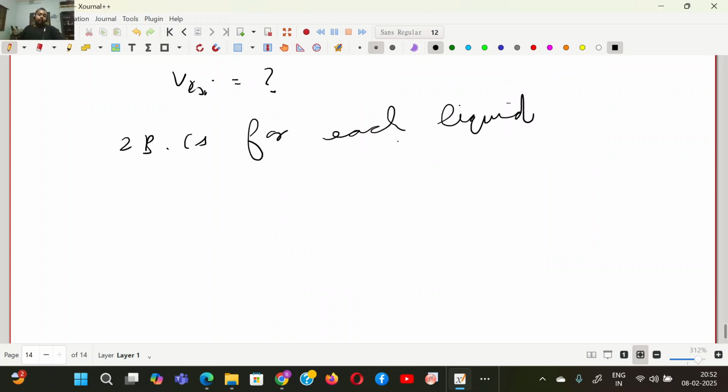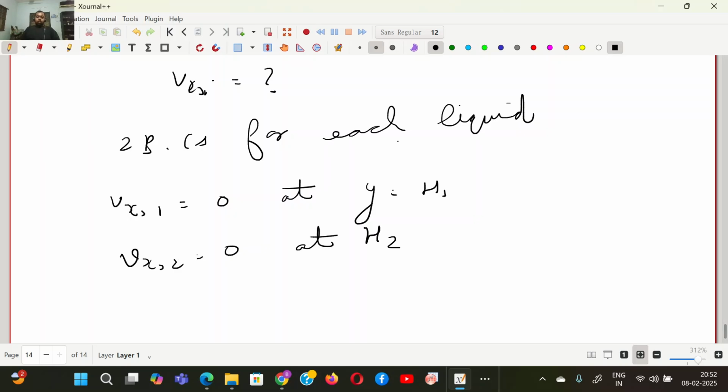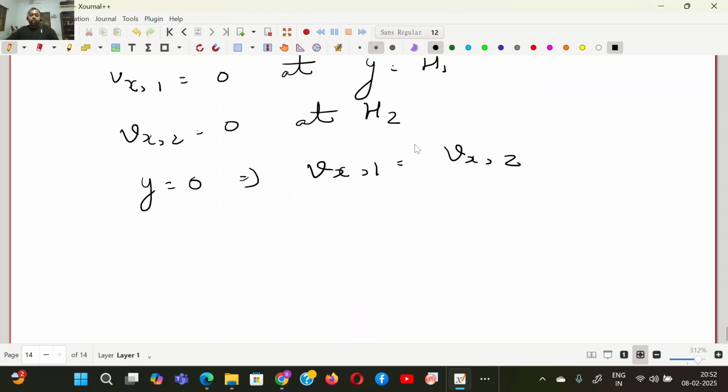That is, Vx1 is equal to 0 at h1, Vx2 is equal to 0 at h2. At y equal to 0, Vx1 is equal to Vx2, and also the tangential stress balance.